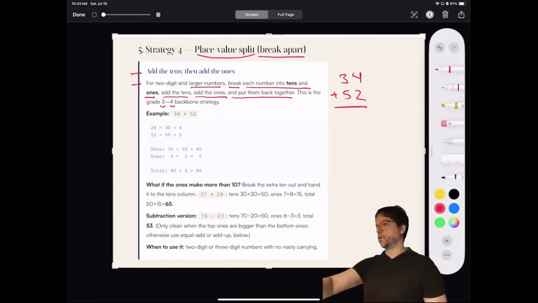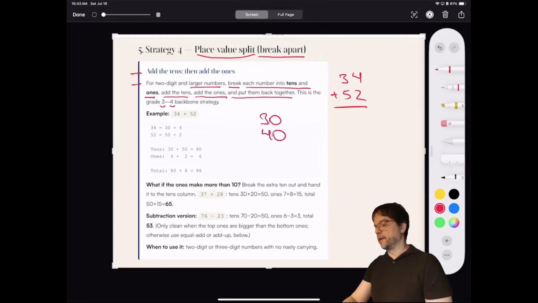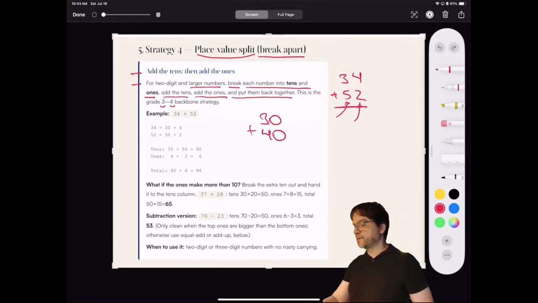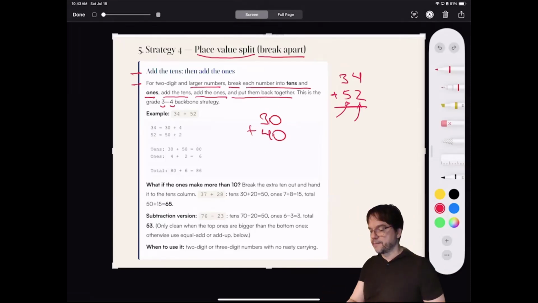Do you agree? Look at what I'm doing in my mind. When you're doing it this way, you add first the ones digit, then you carry if it's needed, then you do the tens digit. Do you agree? Here, I'm doing the opposite. First, I'm doing the tens.